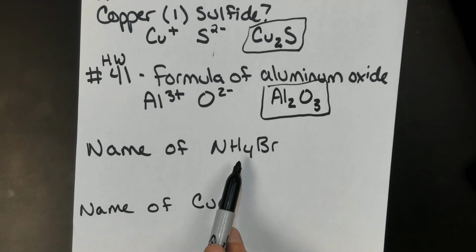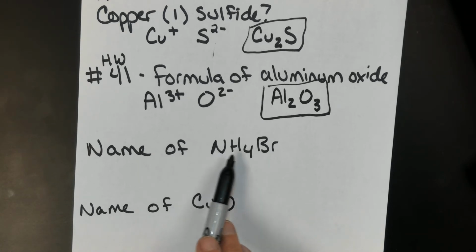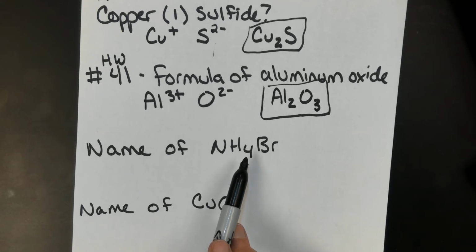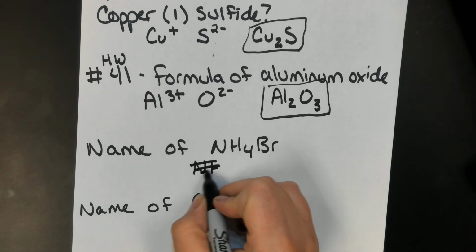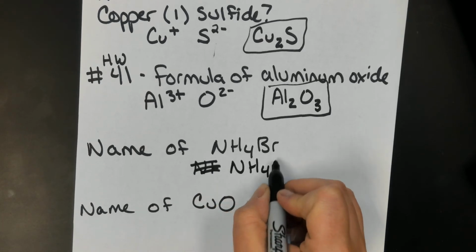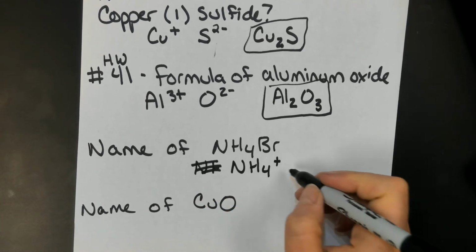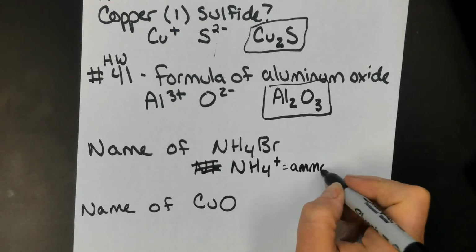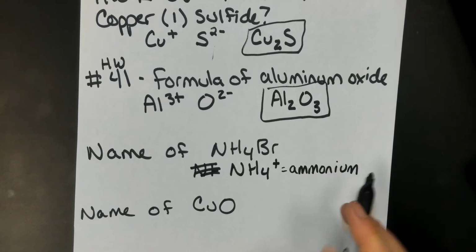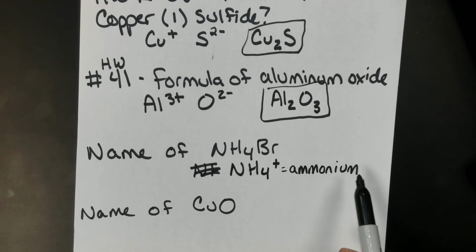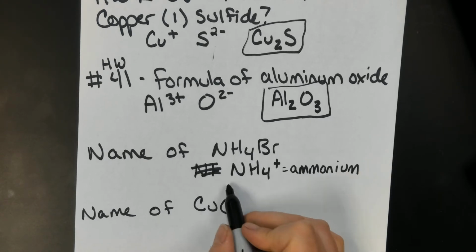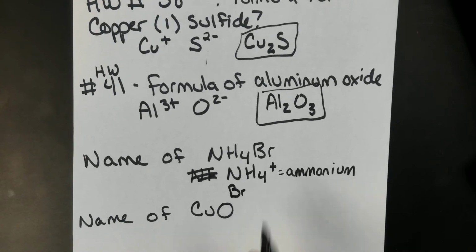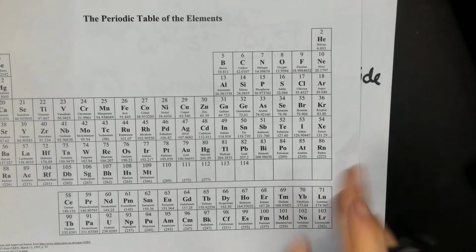NH4, that's one of the ones that we have to memorize. That's a polyatomic cation. It's NH4+, and that is ammonium. When you're spelling this out, make sure you put ammonium, because that's the name of it. So it's the ammonium ion. And then Br is in group 7A.